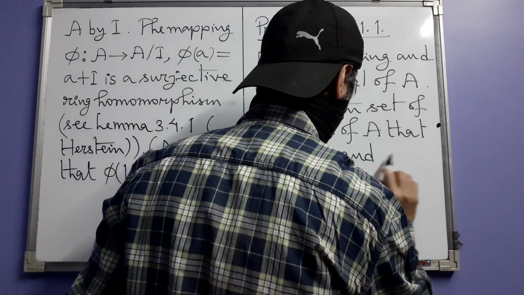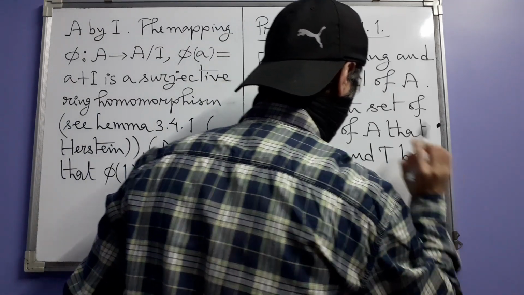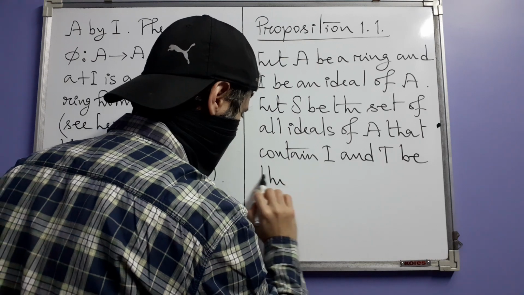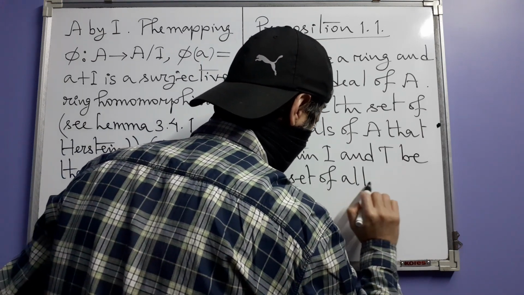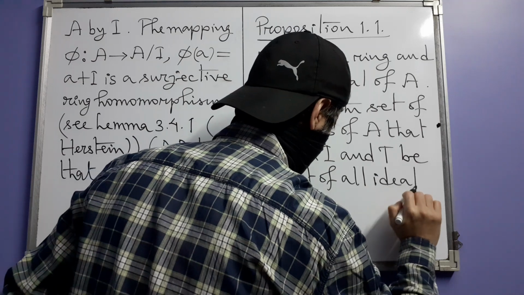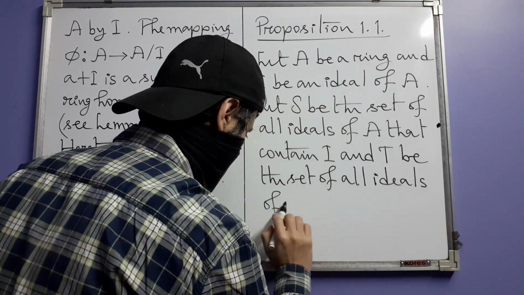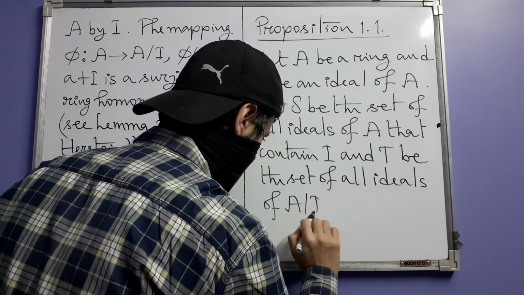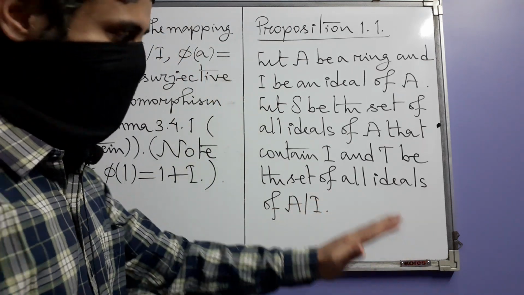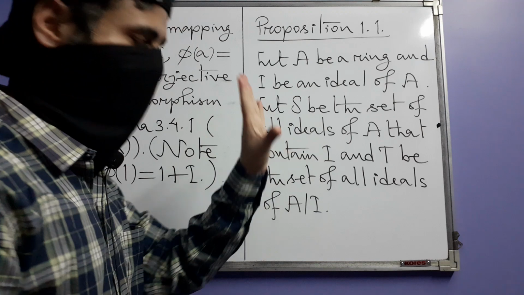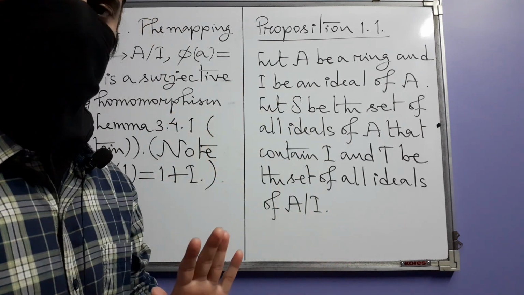And T be the set of all ideals of A/I. On T there is no further restriction. T is in fact the set of all ideals of this ring A/I.